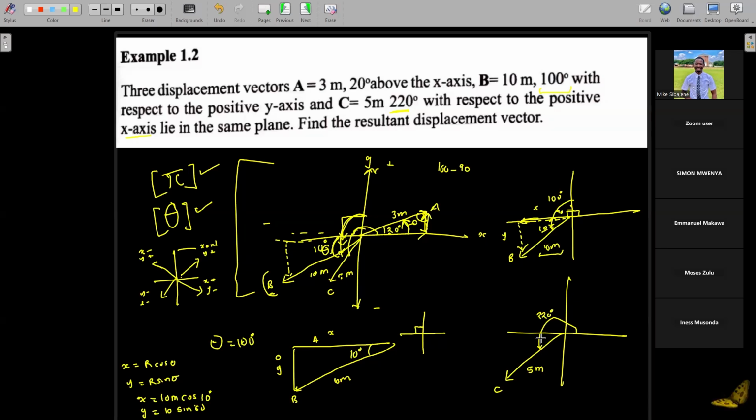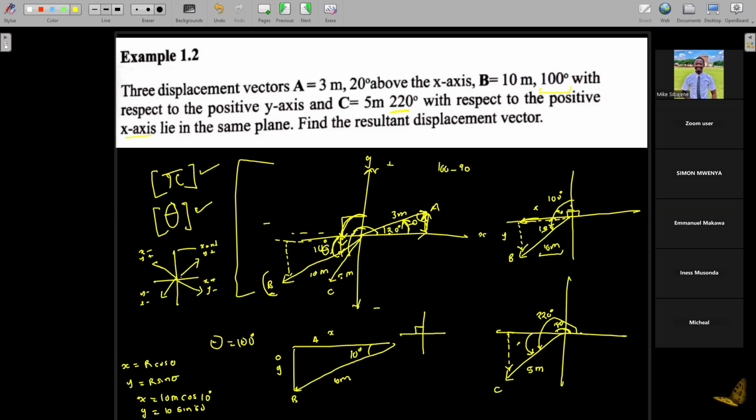The same concept that we applied in B is the same concept we are going to use here. Let's find the angle here, because this angle is going to help me find the x component and the y component of my vector. Are we together? From the rules of mathematics, a straight line adds up to 180 degrees, so this part is already 180.